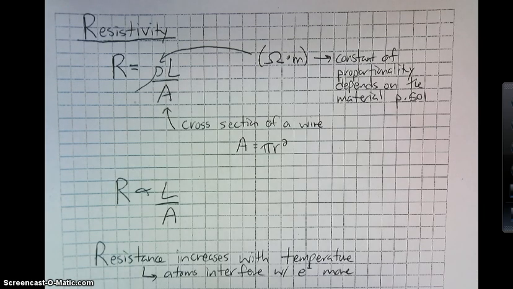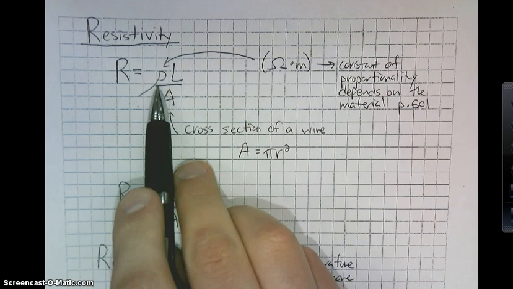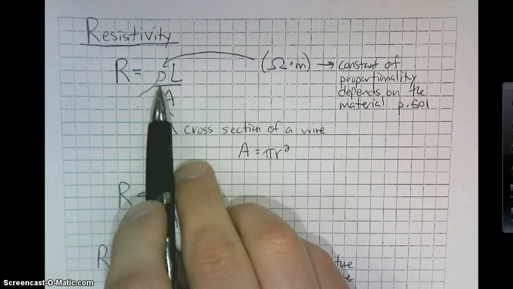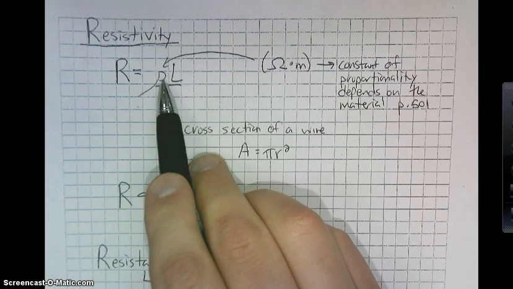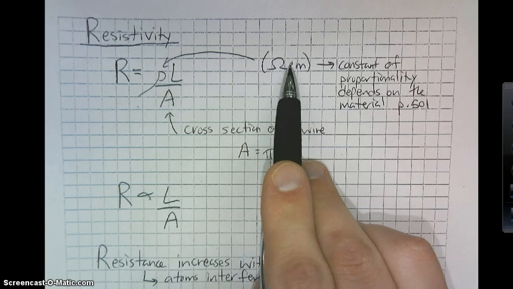Then the next thing I want to talk about is resistivity. What exactly dictates the resistance of an object? There's a formula for it: the symbol rho times the length divided by the area. What exactly is this symbol? It's given in ohms times meters.